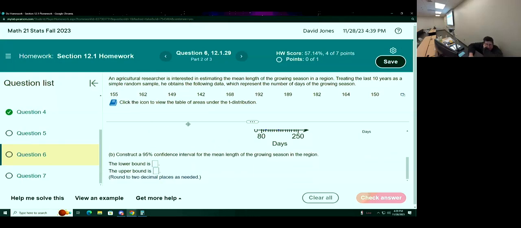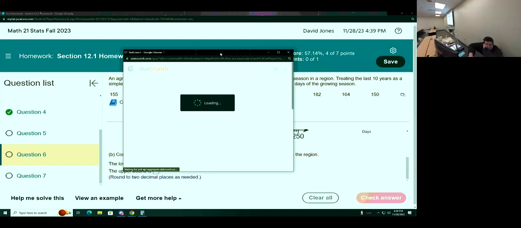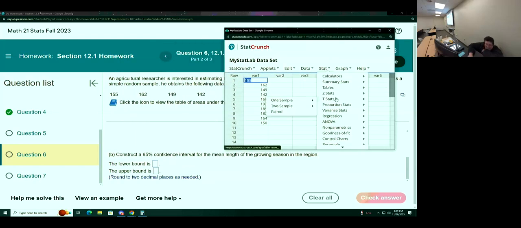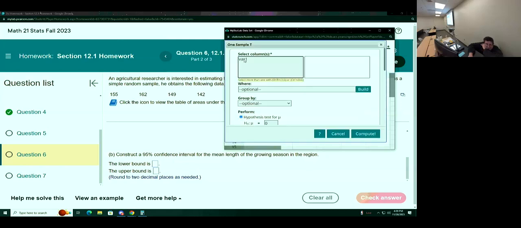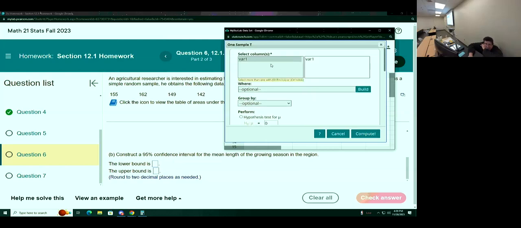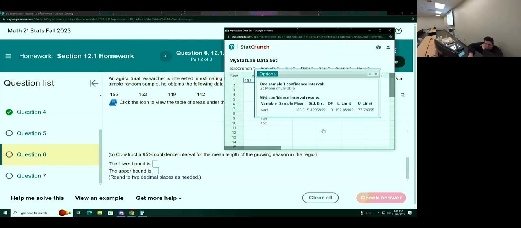Constructing a 95% confidence interval. We're just going to go stats, t-stats, one sample with data. And we're going to give a confidence interval of 95%, and tell it where the data was located, column 1.